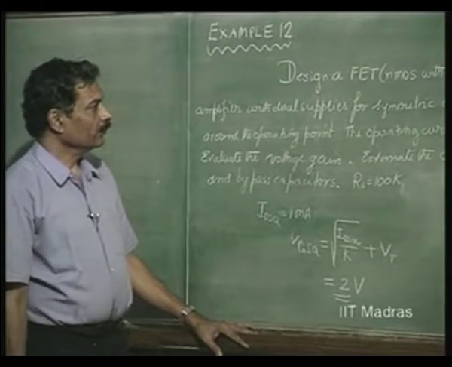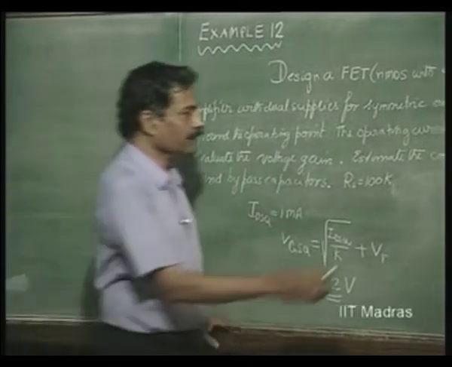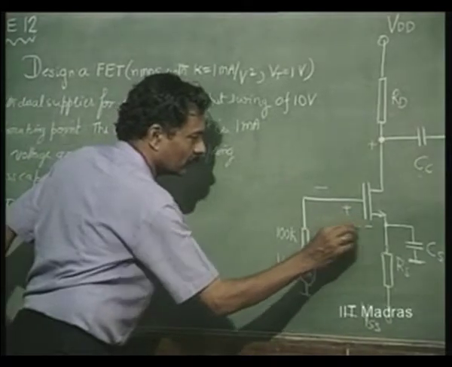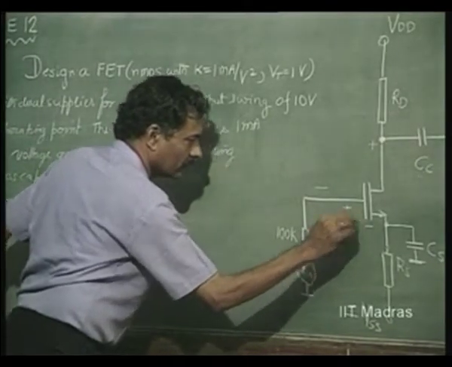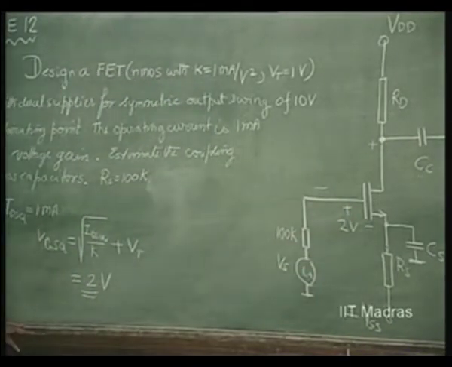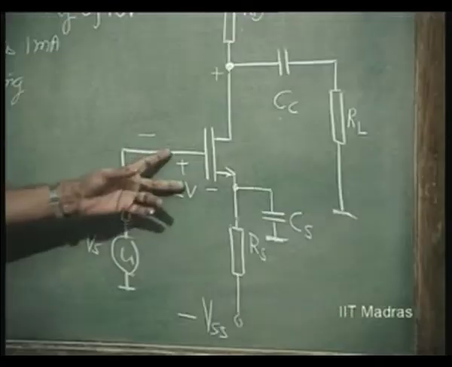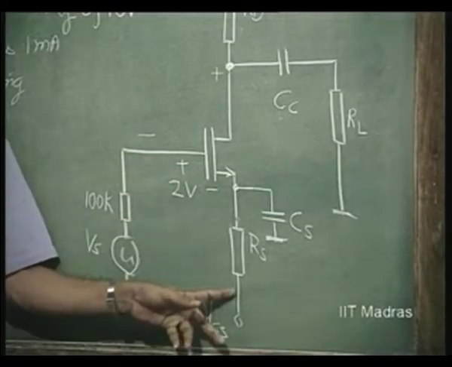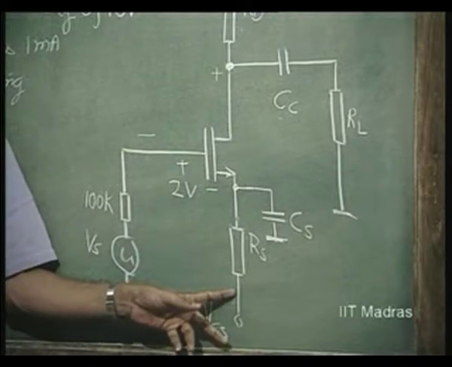Now, we have this fixed at 2 volts. As I told you, I know that the operating current is 1 milliampere. I want this 2 volts to become negligible compared to the drop across RS. That is what is meant by a stable way of biasing.